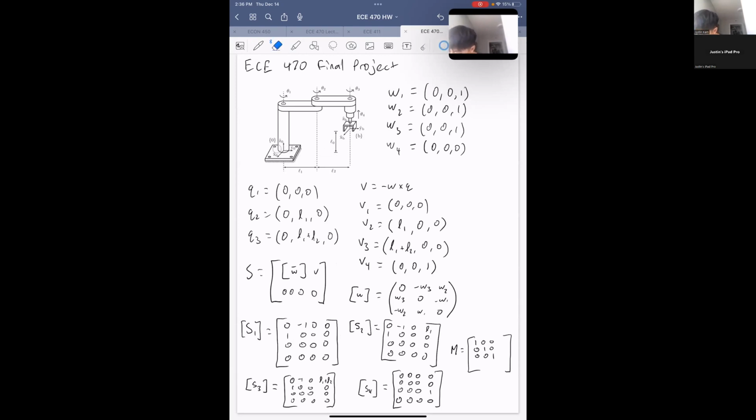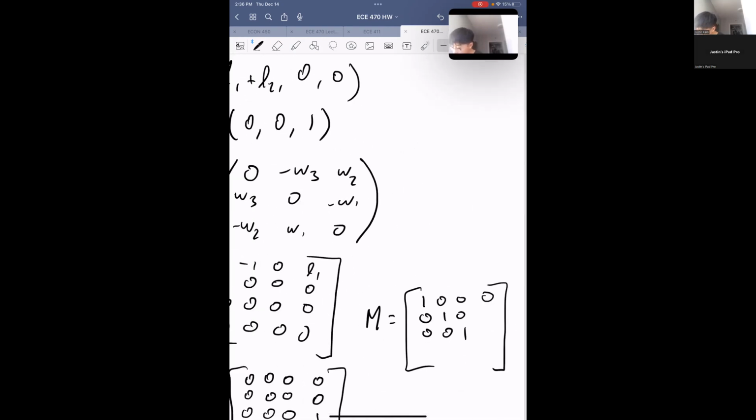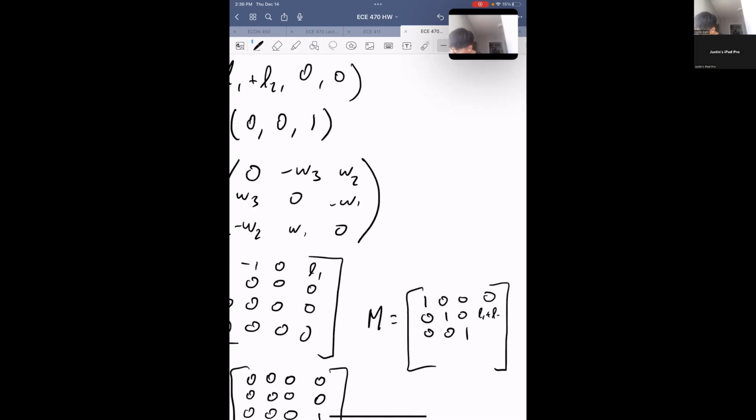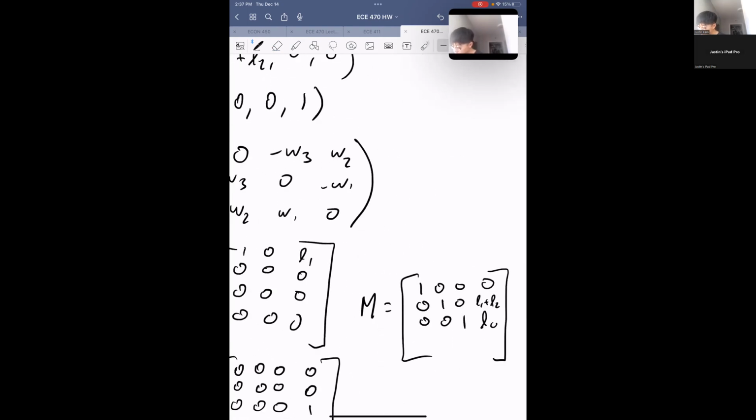There's no change in the X direction, so it's going to be 0 here, L1 plus L2 here. And then finally in the Z direction, it's offset by L0. So L0 there. And then 0, 0, 0. And for the M matrix, this last value in the bottom 4x4 is 1.